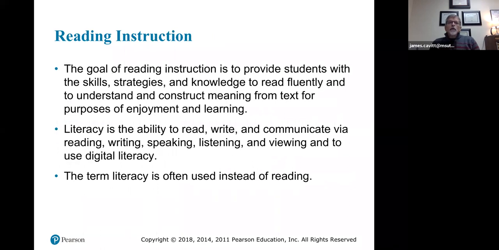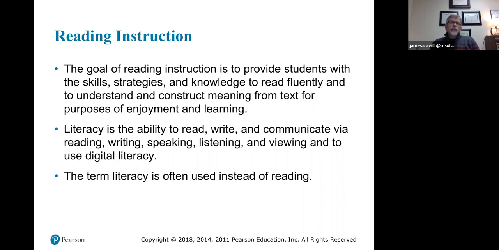The goal of reading instruction is to provide students with skills and strategies to read fluently and to be able to comprehend. We know that if a child is not a fluent reader, their comprehension is poor. So that's important to remember. Literacy is the ability to read, write, and communicate: reading, writing, speaking, listening, and viewing in a particular language, and the use of digital literacy.